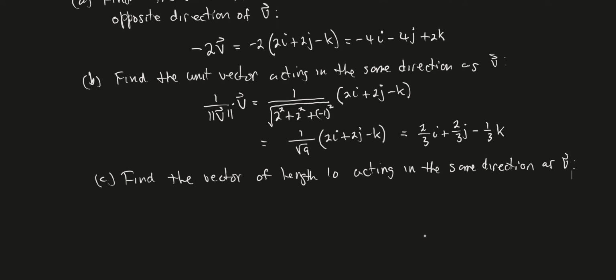Well, let's think about it. The unit vector has length 1 and acts in the same direction as v. So all I have to do is take my desired length, which is now 10, and multiply the unit vector. So the answer is 10 times 1 over the magnitude of v times v. It's essentially taking the unit vector and multiplying it by whatever length you want.